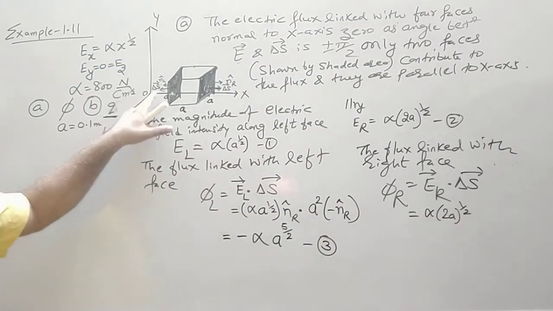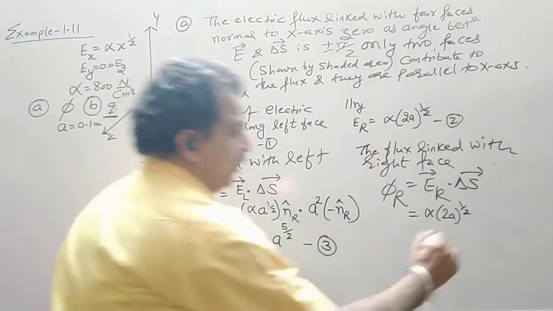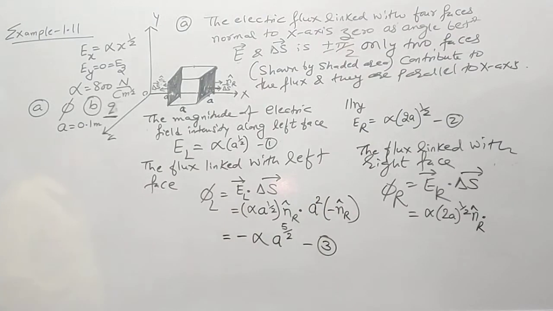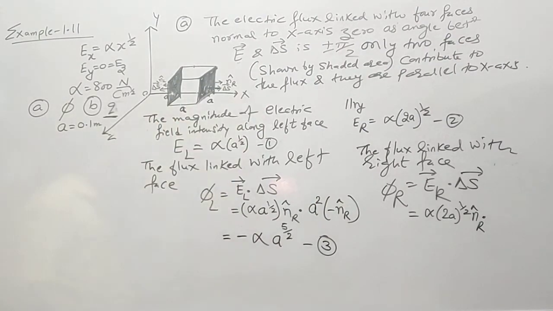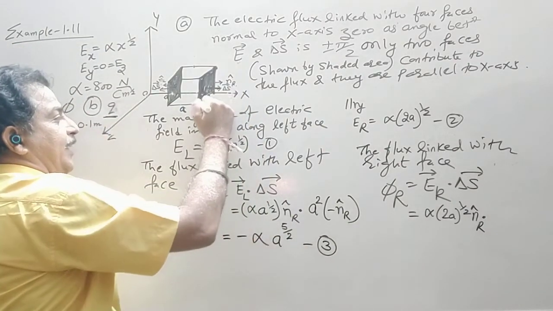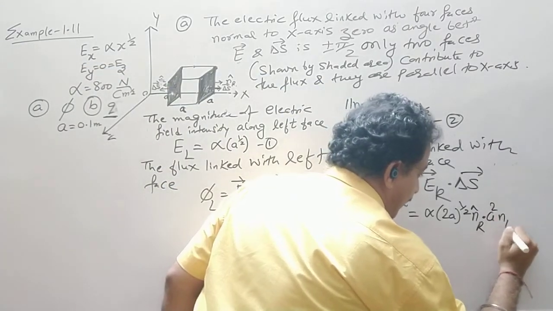So here the distance was A, here the distance is 2A. Direction again NR cap dot. The direction of this area element is also along the x-axis, and the magnitude of the area of this square is again A square. So A square NR cap.